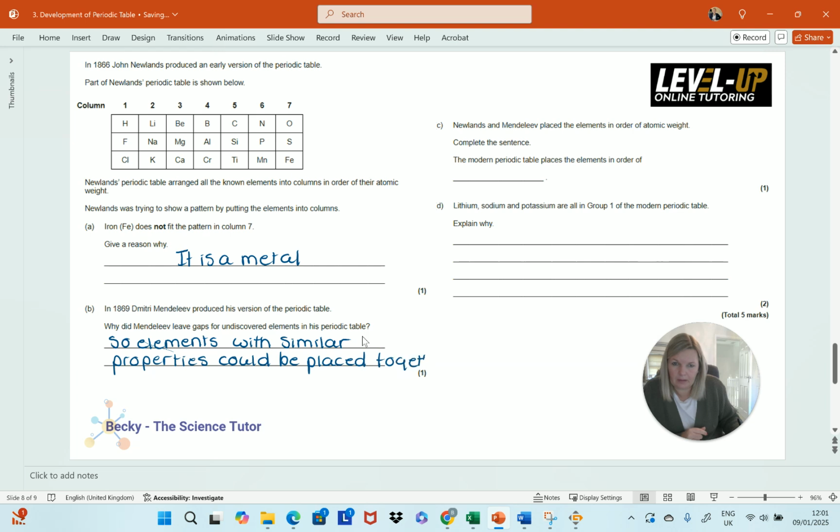Okay, so Newlands and Mendeleev placed elements in order of their atomic weight. The modern periodic table places elements in order of their atomic number or their proton number.